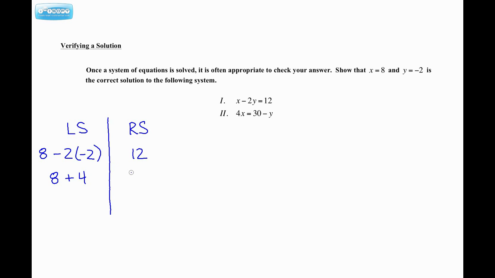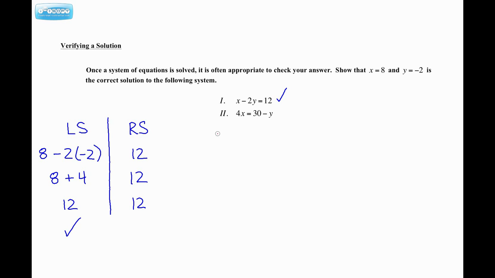And that right-hand side is still 12. And 8 plus 4 is 12. Does 12 equal 12? Sure hope so. So we've only verified so far that x equals 8 and y equals negative 2 solves equation 1. But that's not enough to necessarily solve the system. Those numbers have to work for equation 2.